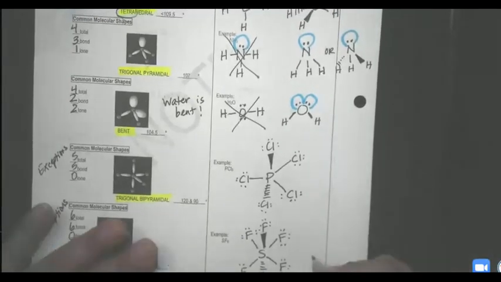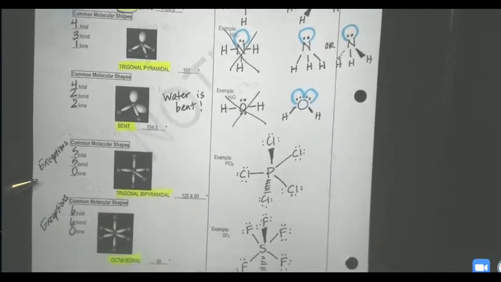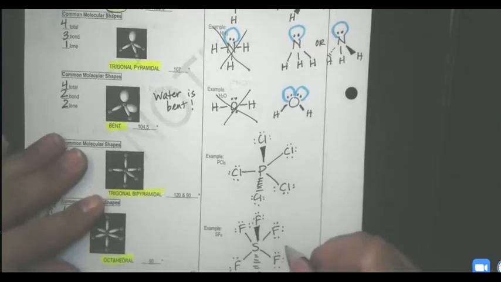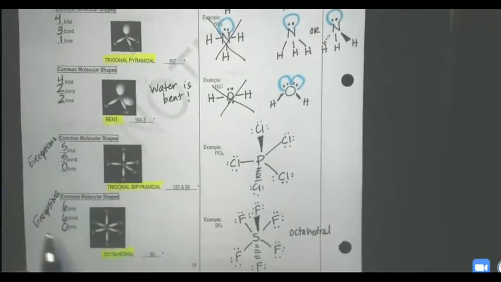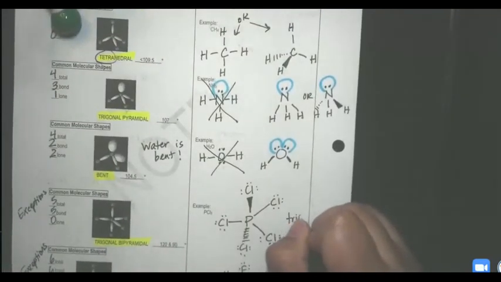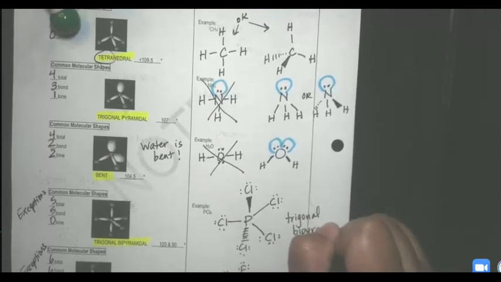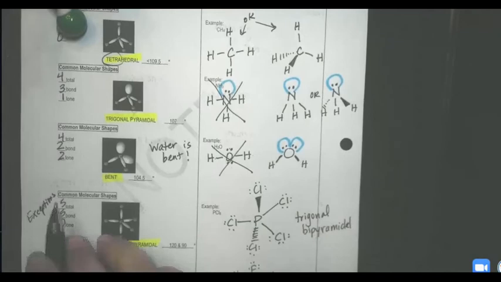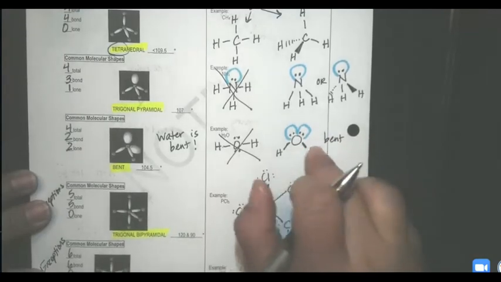Okay? So let's recap, right? This here is octahedral. 6 things total, 6 bonded. This one, trigonal bipyramidal. 5 things attached, no lone pairs. Here, this one's bent. 2 lone pairs, 2 bonded pairs.